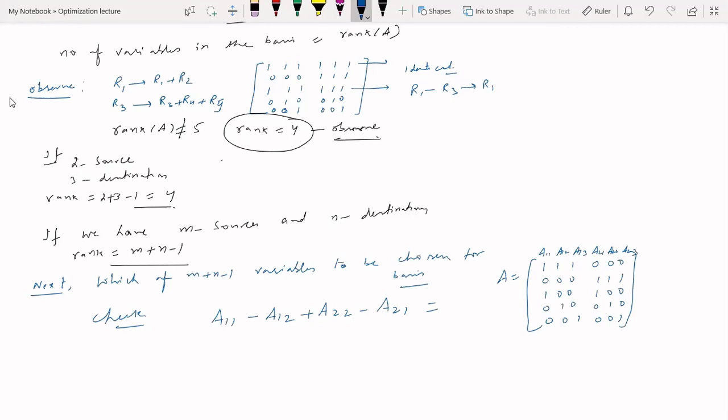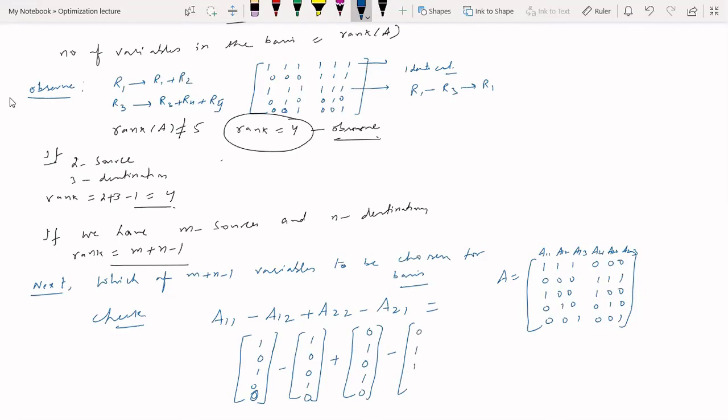So if I take A11 minus A12, write the column of A11: 1, 0, 1, 0, 0, minus the column for A12: 1, 0, 0, 1, 0, plus the column of A22: 0, 1, 0, 1, 0, minus A21: 0, 1, 1, 0, 0.